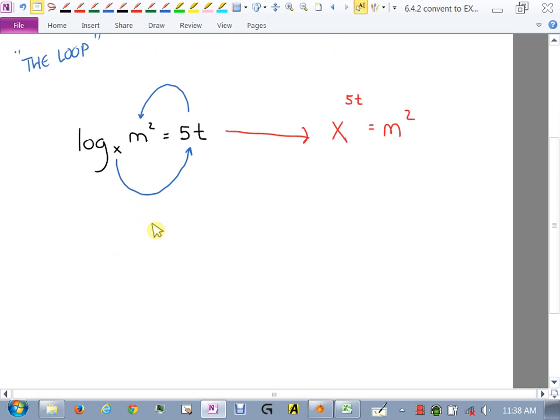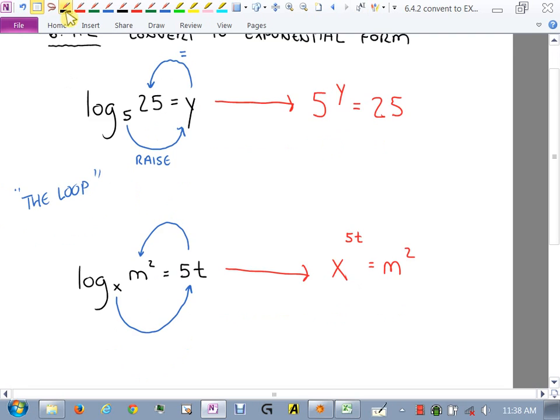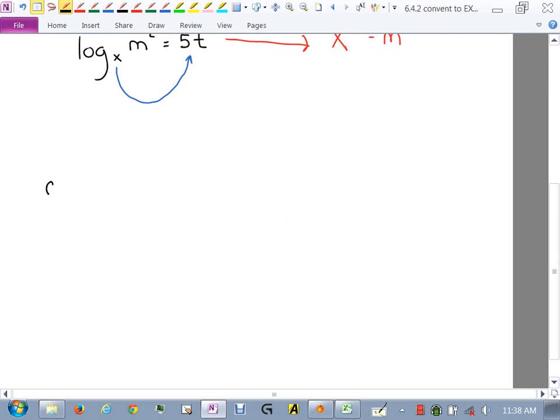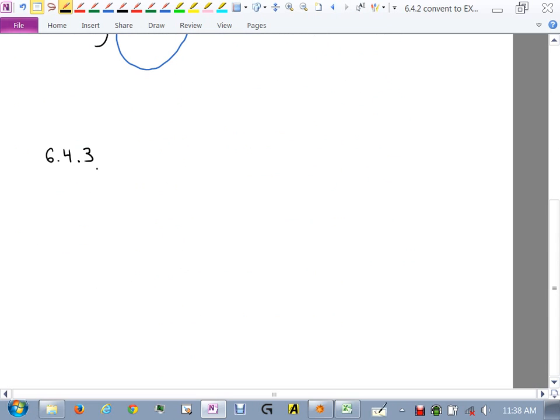Okay, so we have this new way of writing things, right? We have something in exponential form. You can always convert it to logarithmic form. So I want to make a point, all right? Notice that if I'm writing 3 to the x equals 5, I want to know what x is, right?